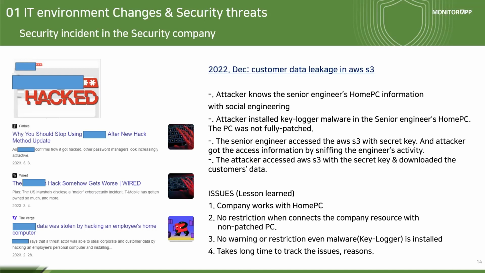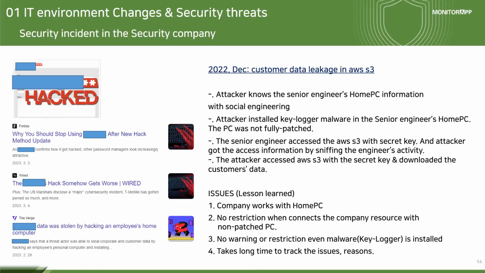So firstly, the attacker learned the security engineer's home PC information with social engineering, maybe through LinkedIn or social networks or something like that. And after that, the attacker realized that the senior engineer's home PC was not fully patched.